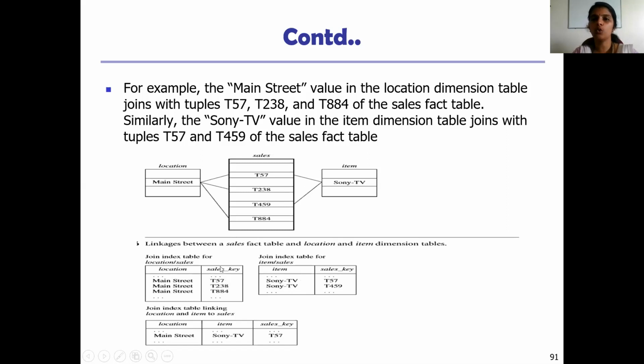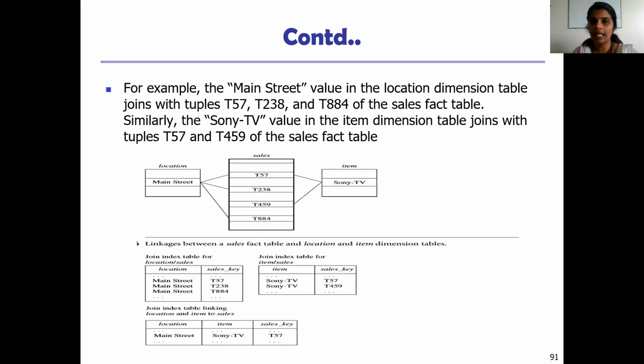So these are the two ways of indexing OLAP data. One is join index and the other is the bitmap index. Bitmap index depends on the number of values belonging to a particular column. A bitmap is shown with the number of bits equivalent to the number of distinct values in the column.